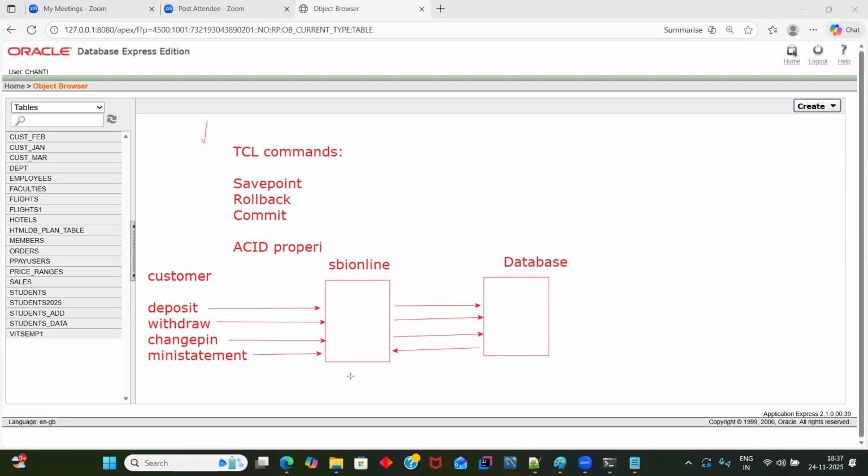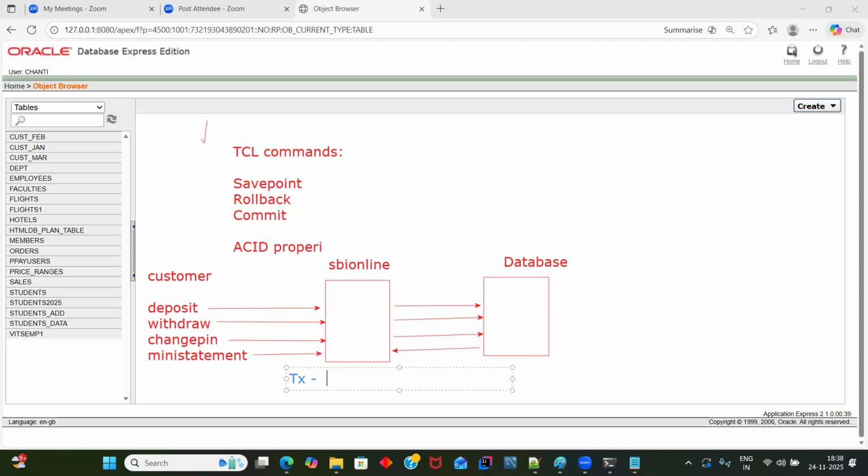The remaining three are update operations, so three are write operations into the DB. Totally, how many operations are there? Four. Each operation we have to consider as a transaction.